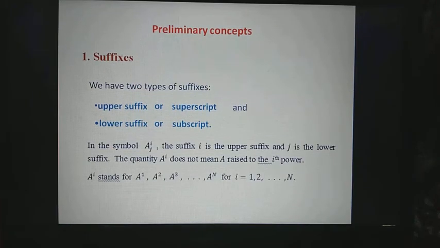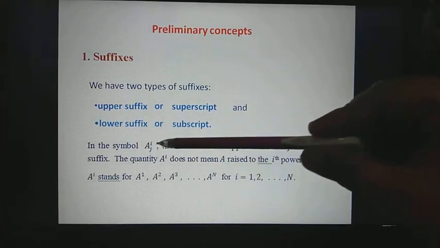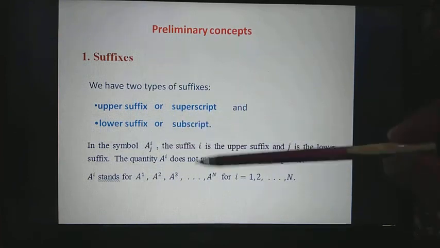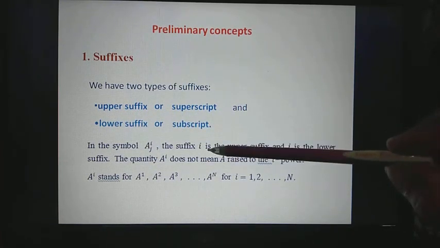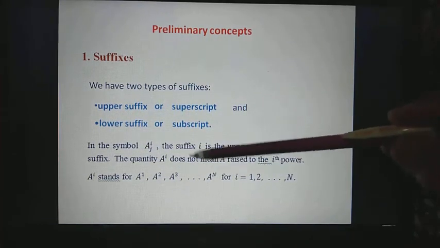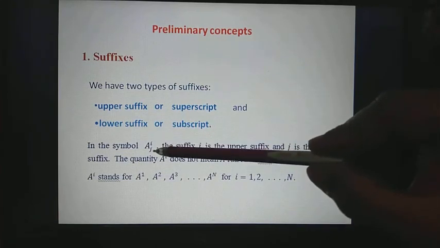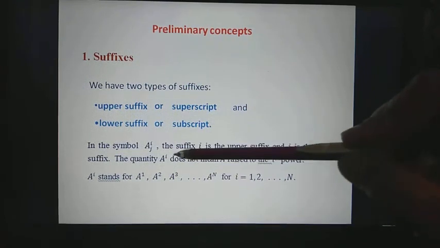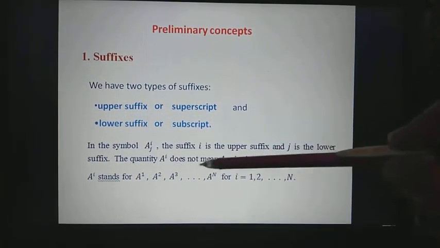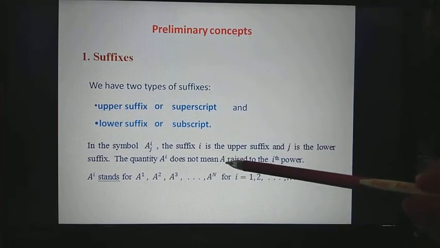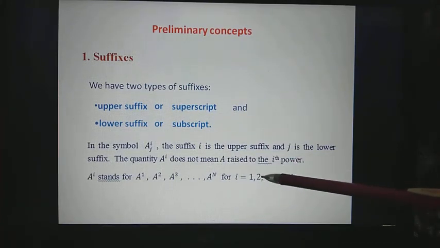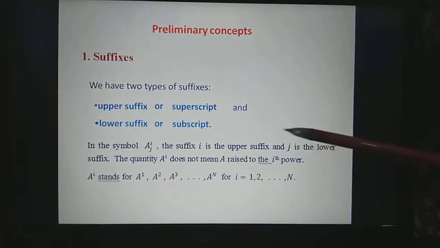In the symbol Aij, the suffix i is called the upper suffix and j is called the lower suffix.